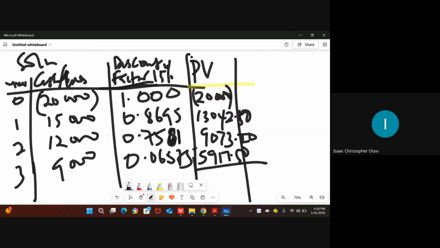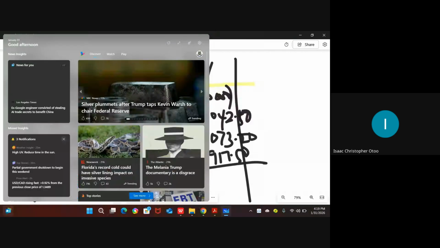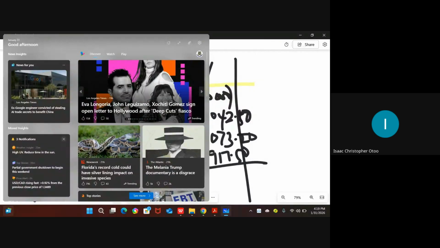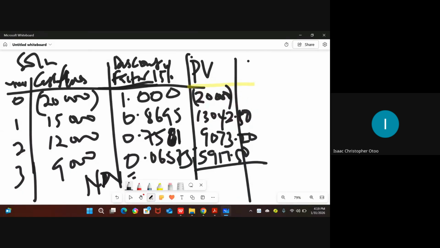Okay, please add all of them so that you get your NPV. So don't forget that the one in the bracket is minus, so you start from minus, then you add the rest.